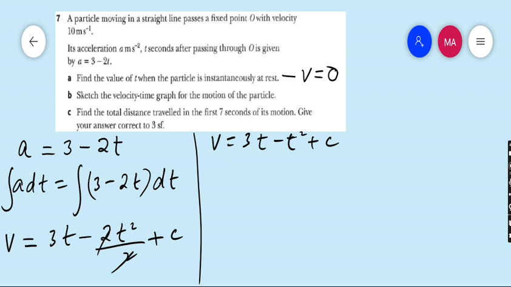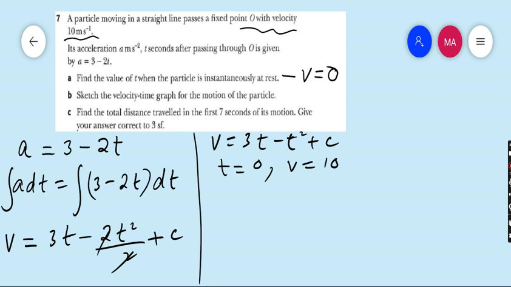According to the question, at point O means time is 0. When t is 0, then v is 10, which is given in the question. You can read the first line again: a particle moving in a straight line passes a fixed point O with velocity 10 meters per second.